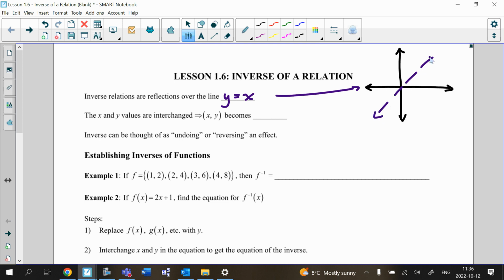So an inverse is like a flip, except you're not flipping it over the y-axis like a horizontal. You're not flipping it over the x-axis like a vertical. You sort of cock your head 45 degrees and you're flipping it over this line. And that's the same as taking every x and y value of a point on the graph and switching it.